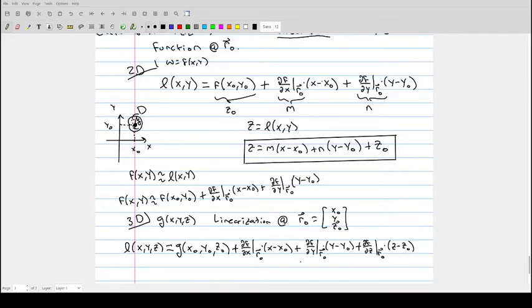So you can hopefully see how this would be extended to a function of any number of variables. The linearization or linear approximation of a function extends for any number of variable functions.